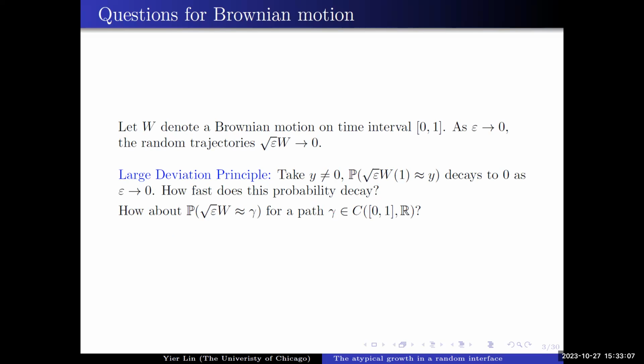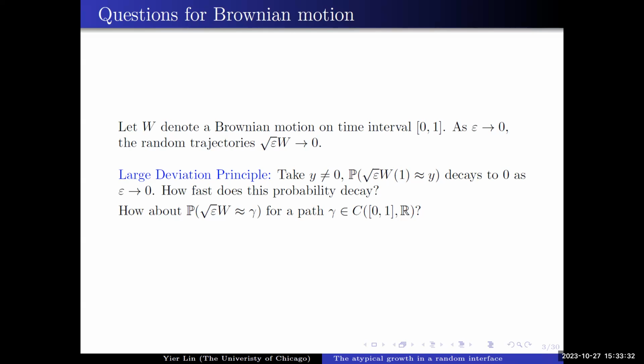I will use W to denote the Brownian motion on the time interval from 0 to 1, and I multiply it by a small parameter, root epsilon. When epsilon goes to 0, this random trajectory on time 0 to 1 will just converge to 0 in probability.